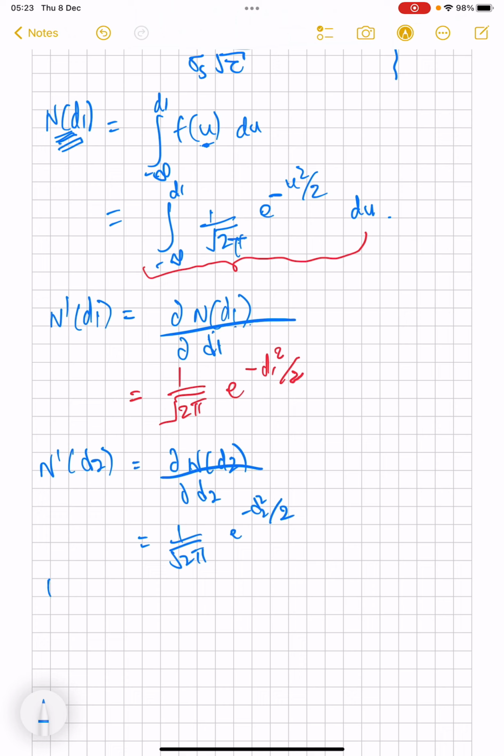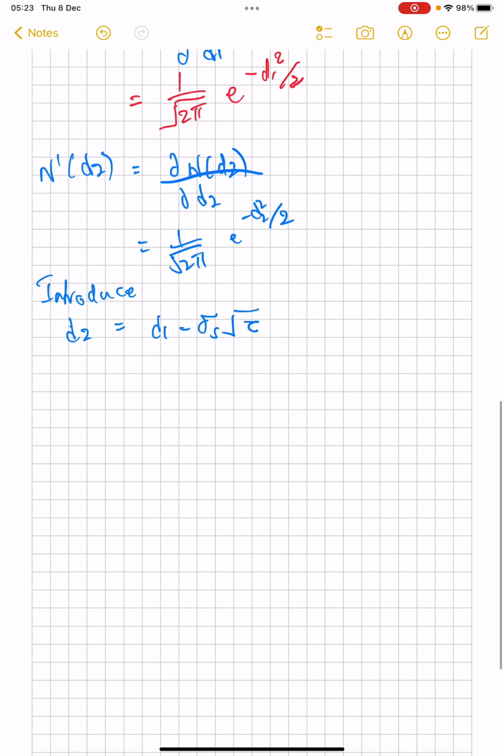Now, let me introduce that d2 is equal to d1 minus sigma root tau. Okay, this is d2. Therefore, my first derivative of the normally distributed d2 would be given as this.